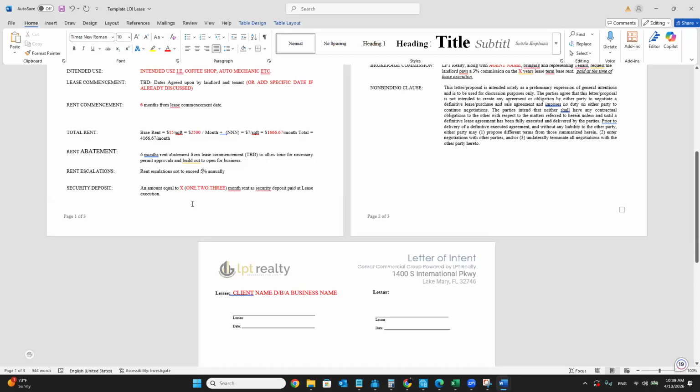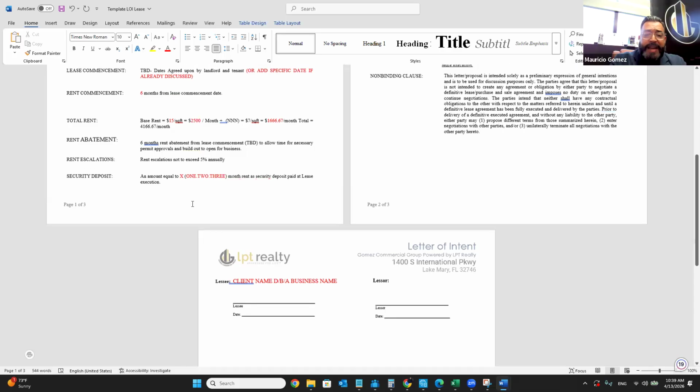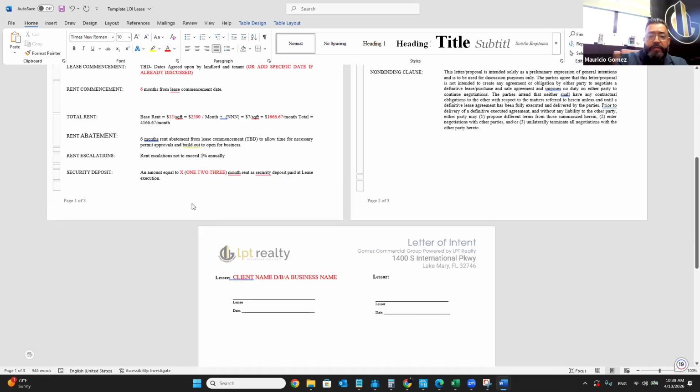Security deposit, I always put on here the most minimal security deposit, but it could be 1, 2, or 3 months of rent. Sometimes, depending on how creditworthy and how liquid they are with their proof of funds, they could do 1 month security deposit and first month paid rent.